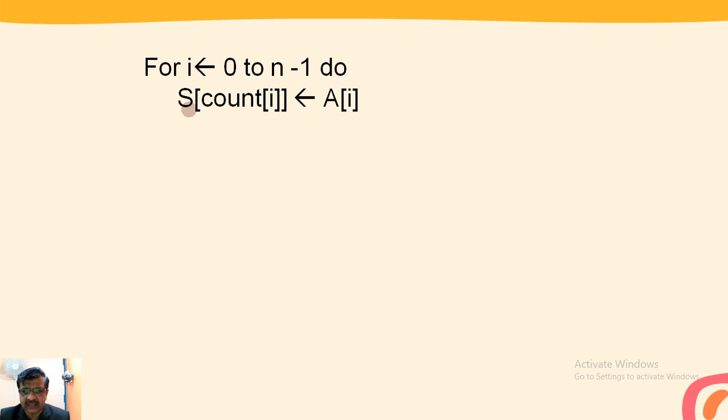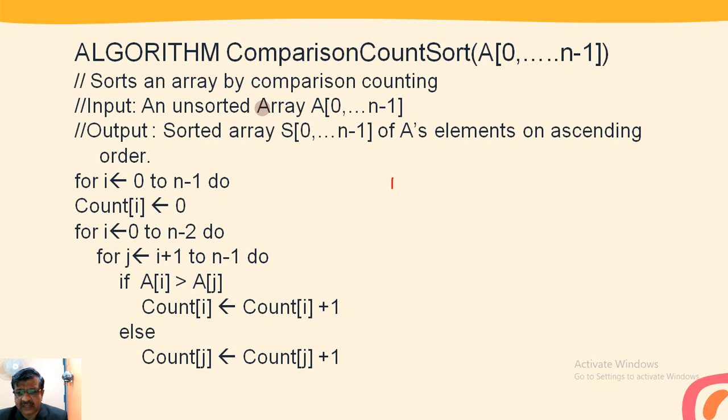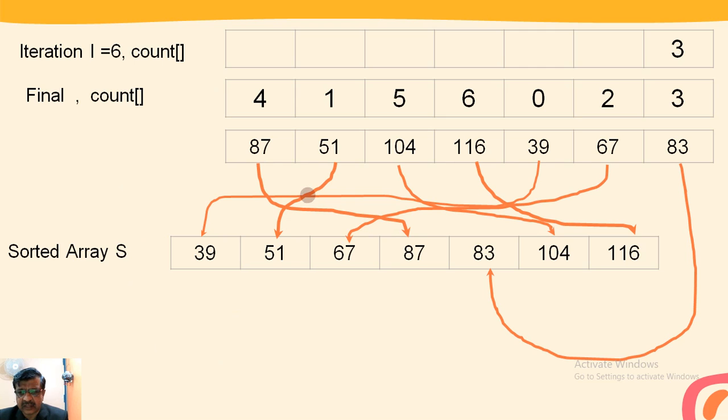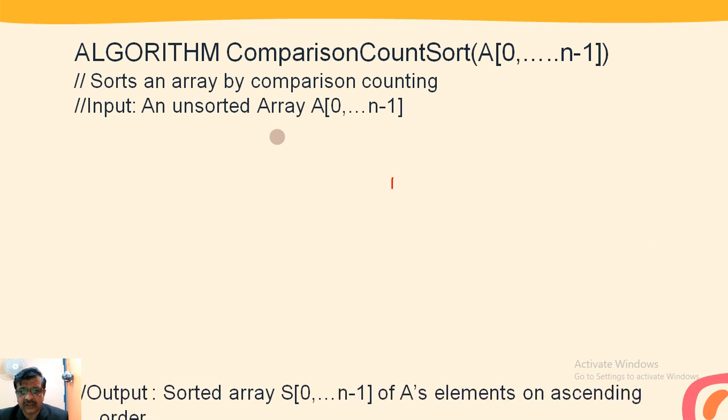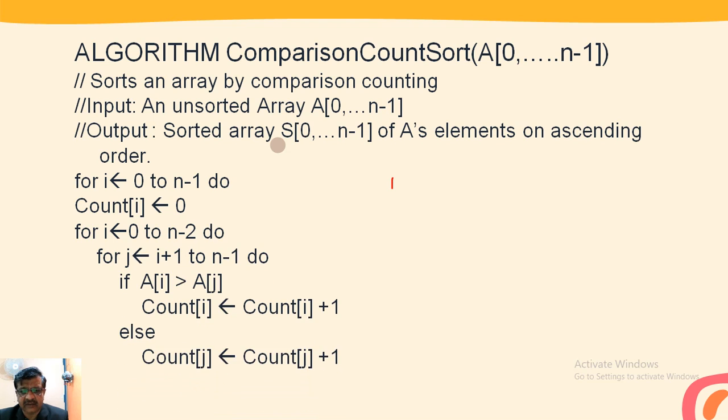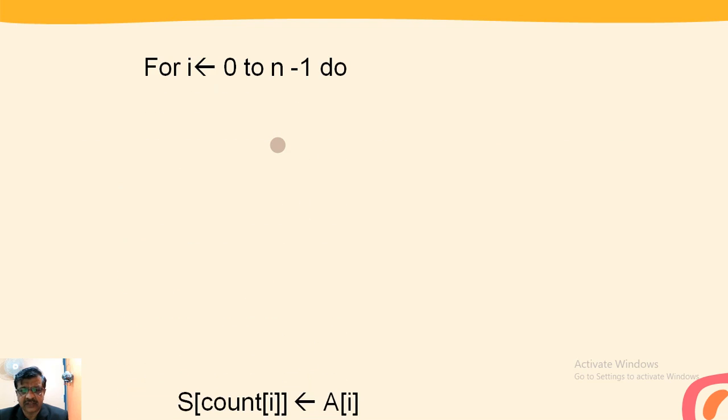The element's position in the sorted array is available from the count array, which was 4 in the given example. I think things are very clear to you, viewers.